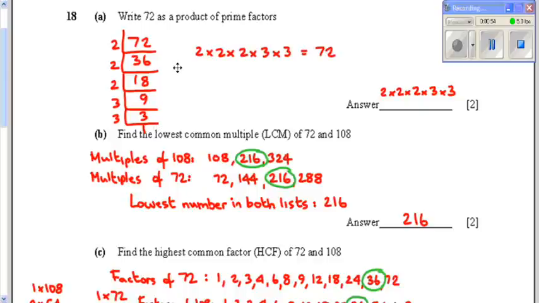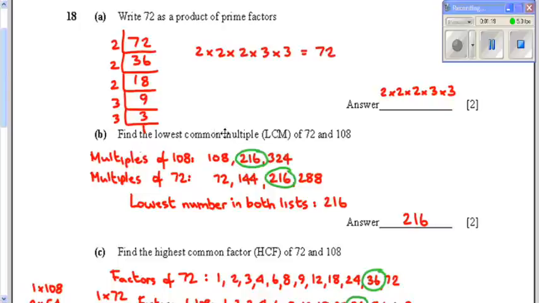And all the prime factors that make up the number 72 are 2 times 2 times 2 times 3 times 3. So it's just these numbers here, and we multiply them, and when you multiply those out we get back to the number 72. So our answer is 2 times 2 times 2 times 3 times 3.